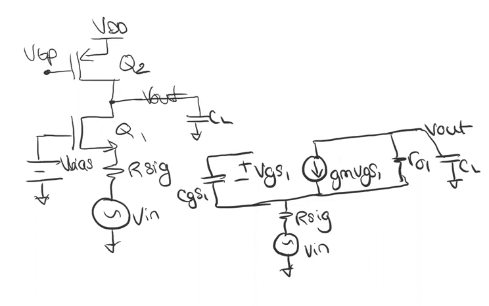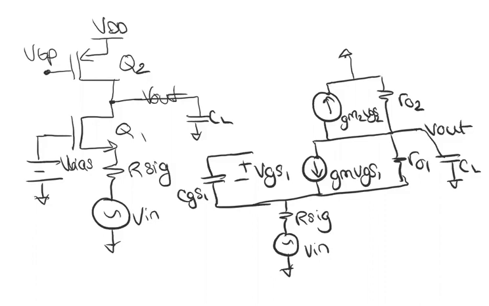Now, instead of a load resistor at the drain going to a VDD or a small signal AC ground, we're going to have a PMOS device. So that at the drain of the PMOS device, looking in is R02, and we have a GM2 VGS2, and now the source is ground.